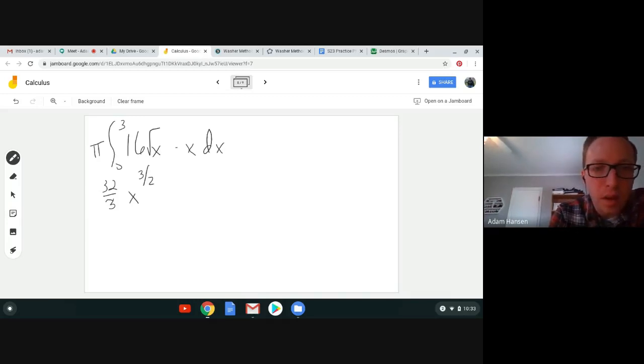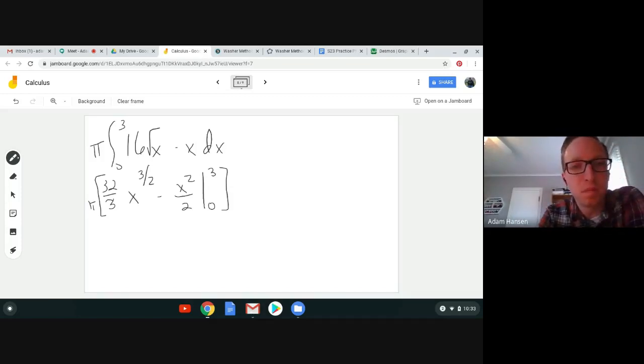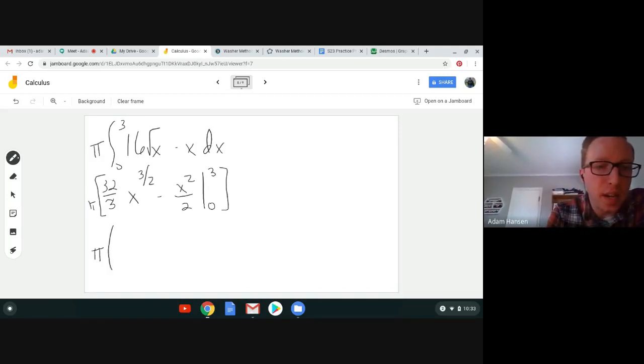Yep. Minus x squared over 2 to evaluate between 0 and 3. Don't forget to bring down the pi. Pi times 32 thirds times 3 to the 3 halves minus 9 halves.